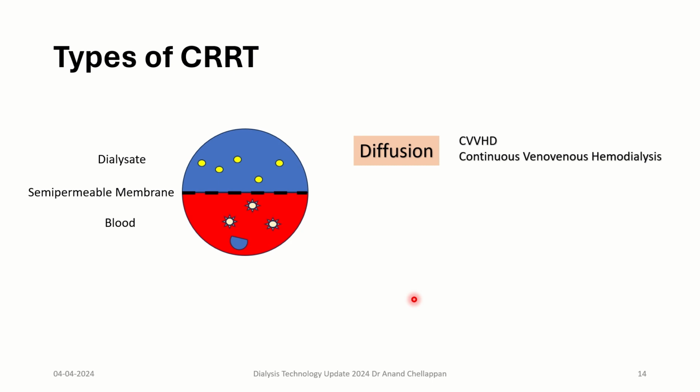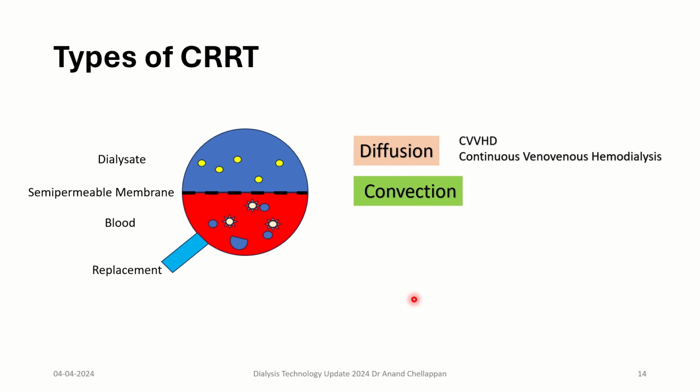The modality which predominantly uses diffusion is hemodialysis. The same, when we perform it in the CRRT machine with a slow blood flow rate and dialysate flow rate, is called continuous veno-venous hemodialysis.